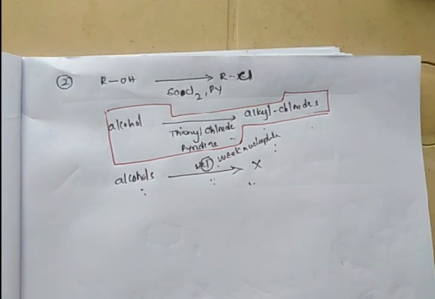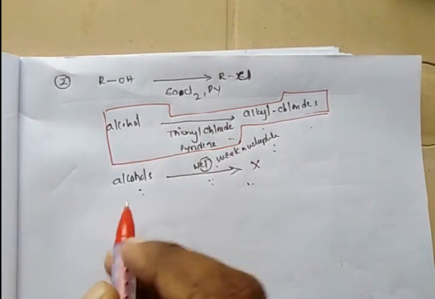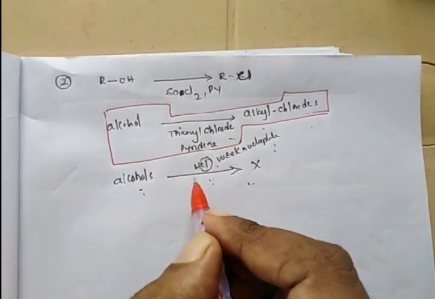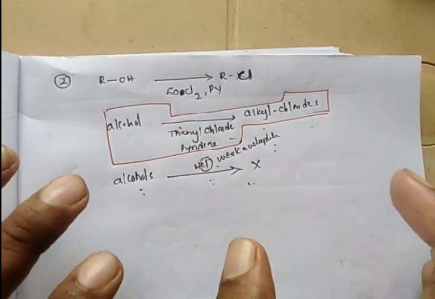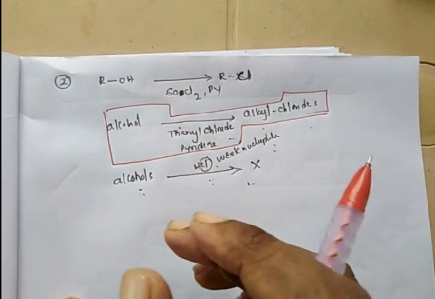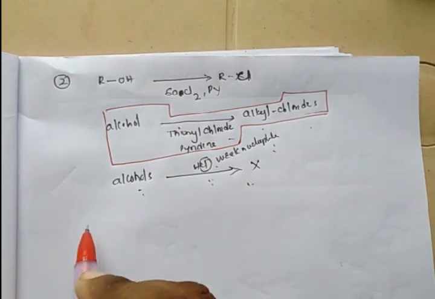And we can also convert alcohols into alkyl chlorides with the help of HCl by using Lewis acids, but we are not discussing that transformation here. So I am writing a note.